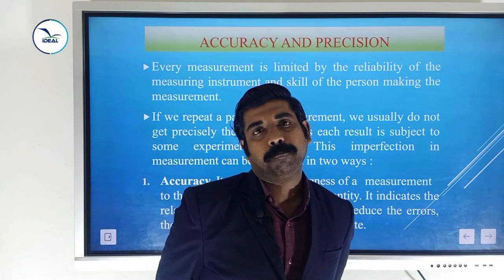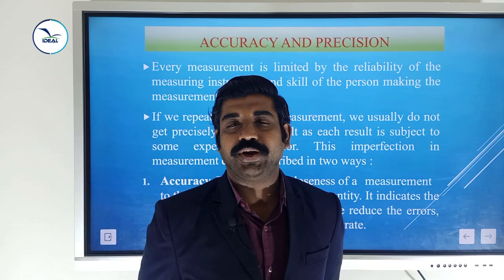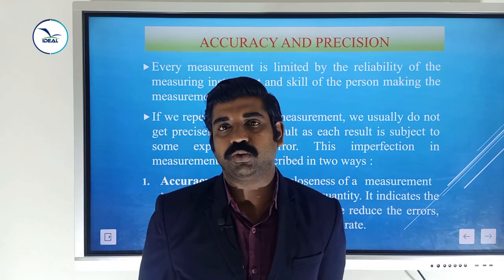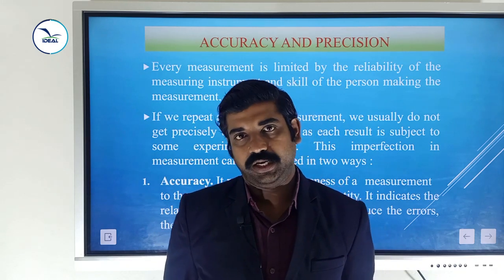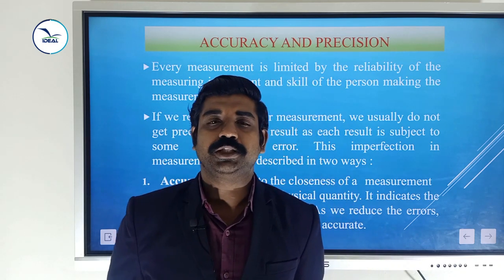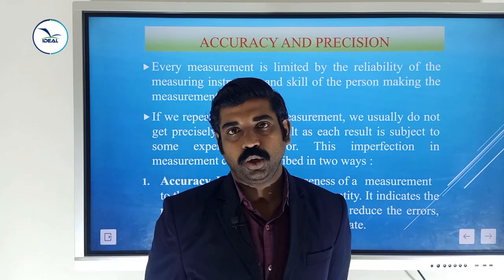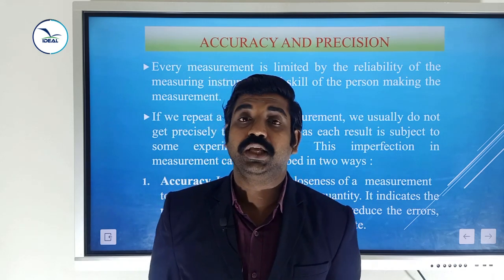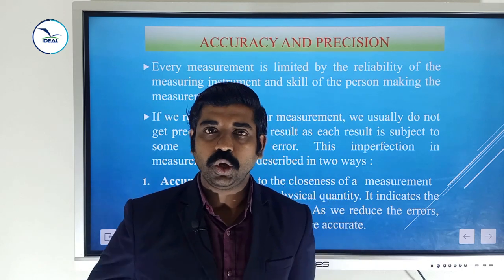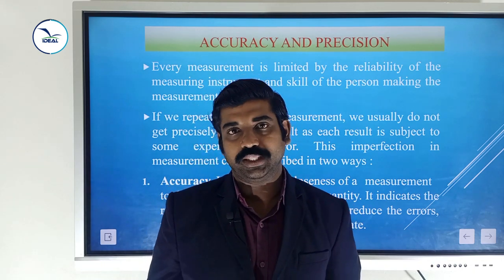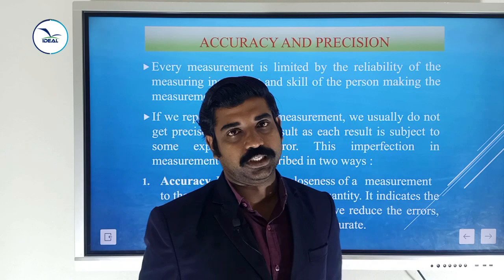By using a scale, we can read 1 mm, which is equal to 0.1 centimeter. Likewise, with a vernier caliper, we can measure 0.01 centimeter. So the precision increases from 0.1 to 0.01. That limit is called the precision.